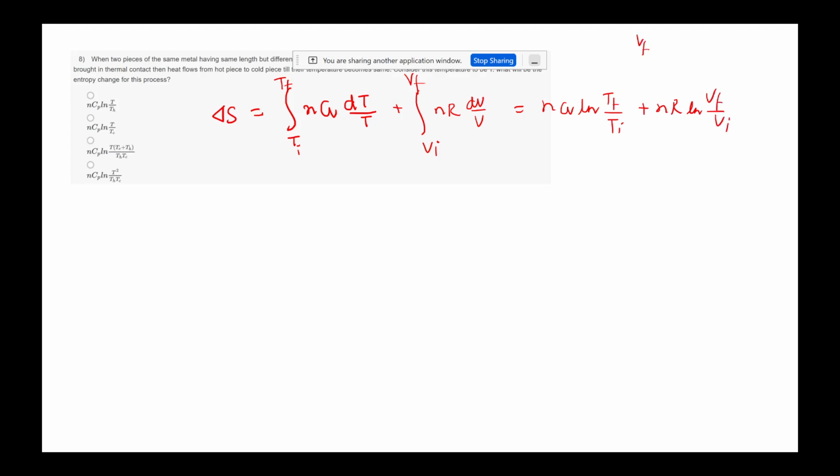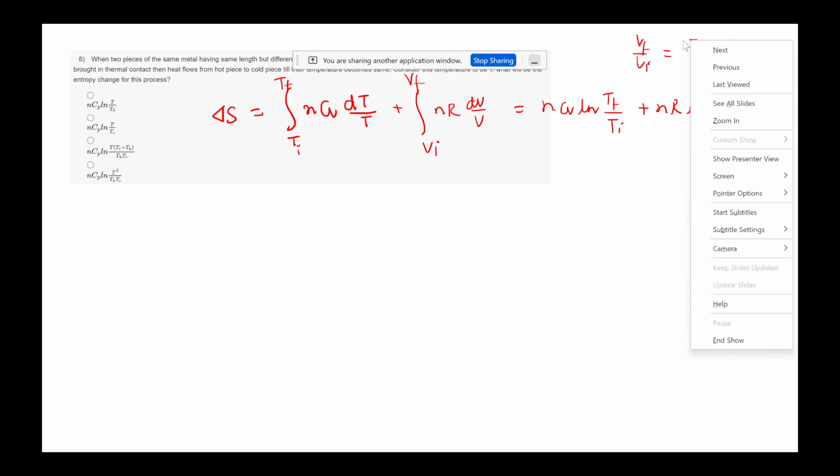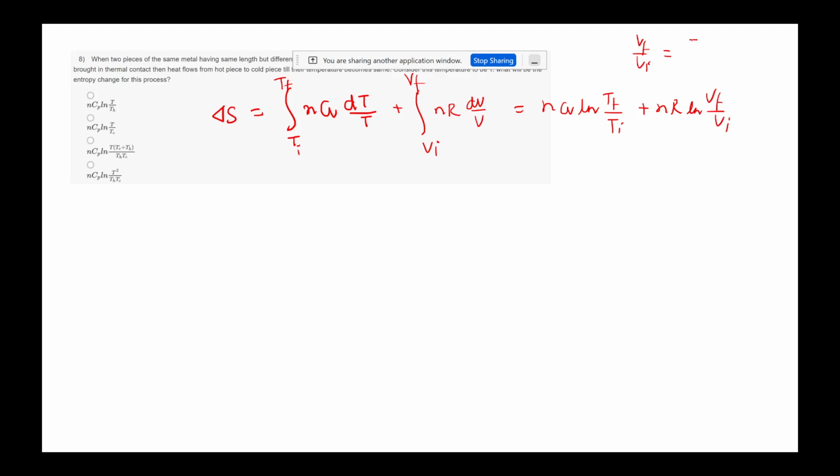Now you know VF by VI is, using TI and TF, PI, sorry, let me write it clearly.